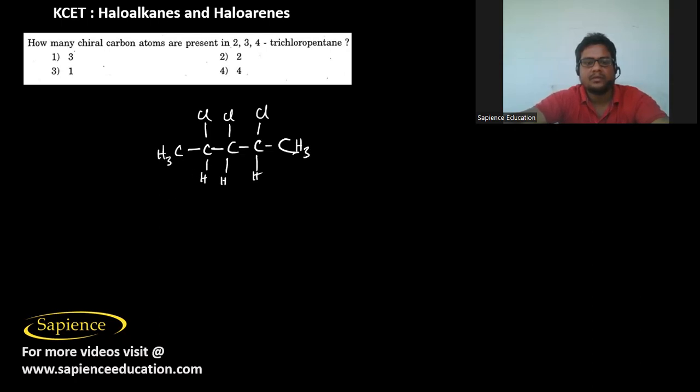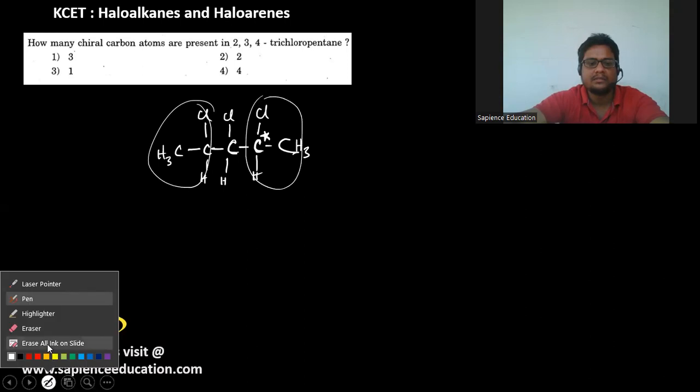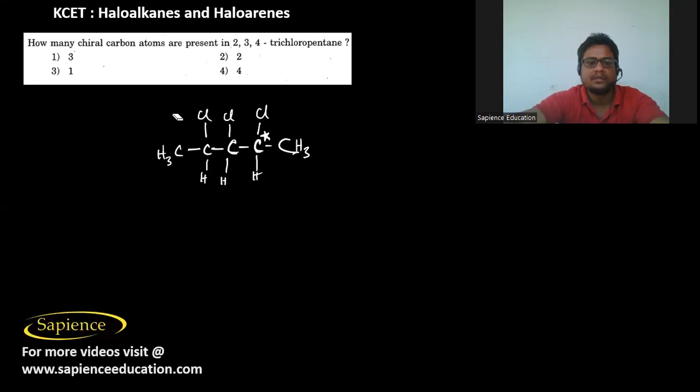On this carbon, the 4 groups attached on 4 sides are not the same, so all 4 groups are different. So it is an asymmetric carbon or a chiral carbon. For the middle carbon, we have 2 similar groups attached, so it is not a chiral carbon.